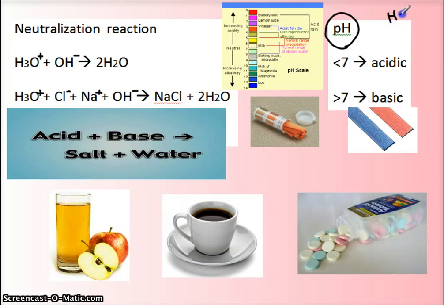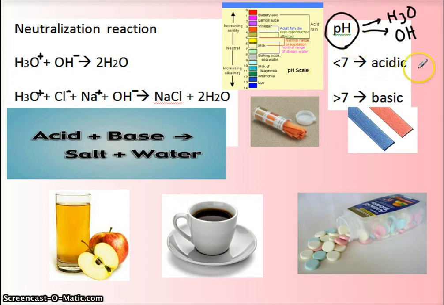Remember, if it has H3O ions, it's going to be acids, and if it's OH ions, it's going to be bases. So any pH indicator is going to identify whether it has a lot of H3O, hydronium, or a lot of OH, which is hydroxide. So that's what a pH measurement is.